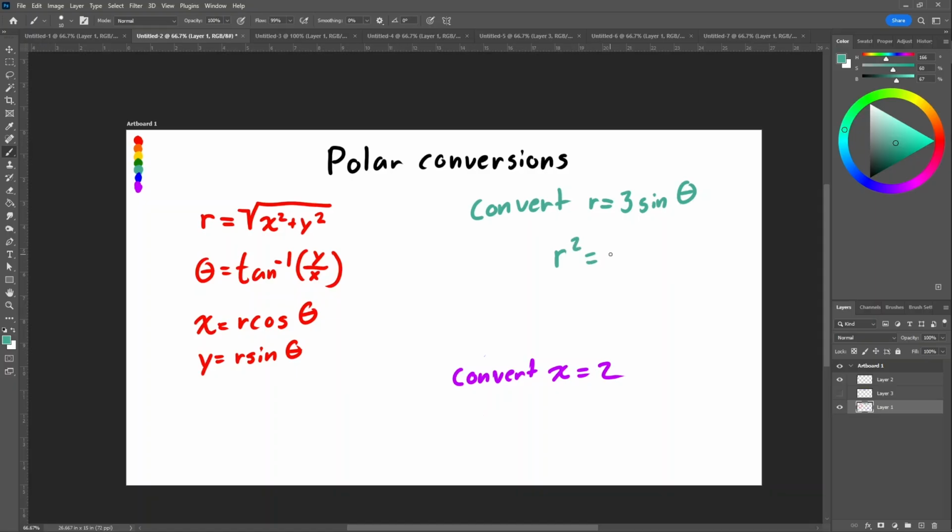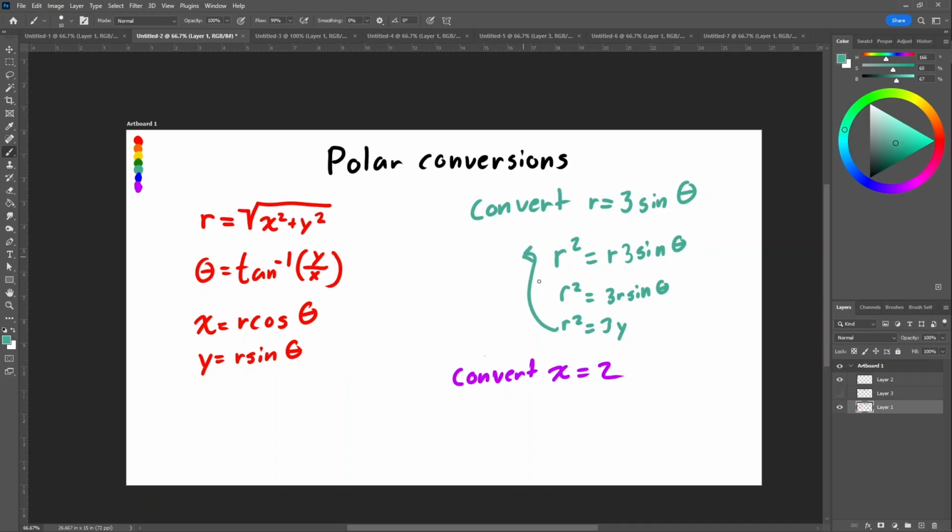So we get r squared is equal to r times 3 sine theta. And notice how y is equal to r times sine theta. This correlates, so we can just group that together. r squared is equal to 3r sine theta, and then we can turn that into r squared is equal to 3y.